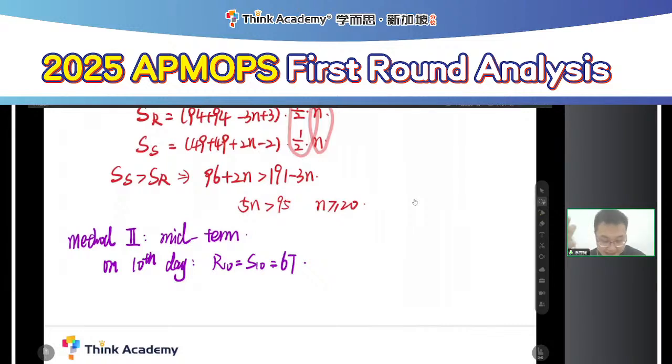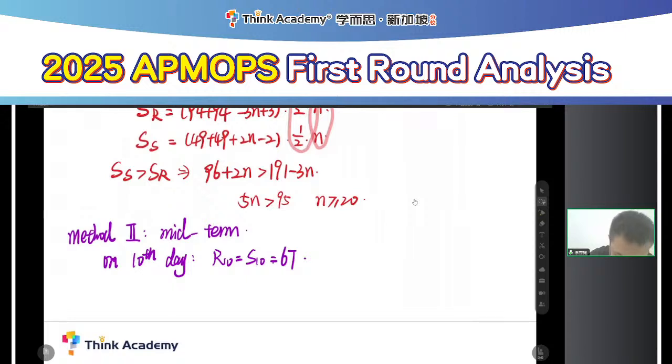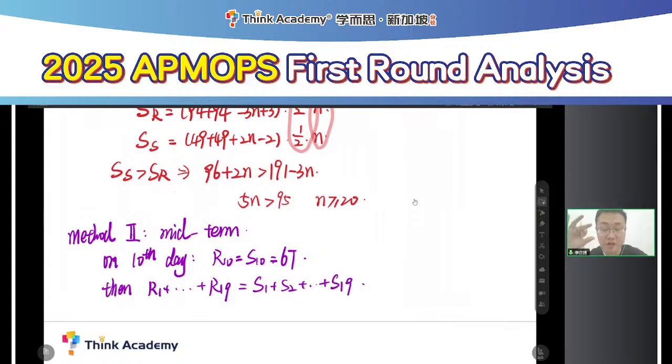We know that at the 10th day, they have the same number. So if we put the 10th day in the midterm, the sum of squares from 1 to 19 should be exactly the same because the midterm is the same.